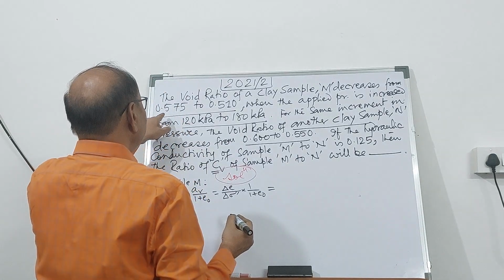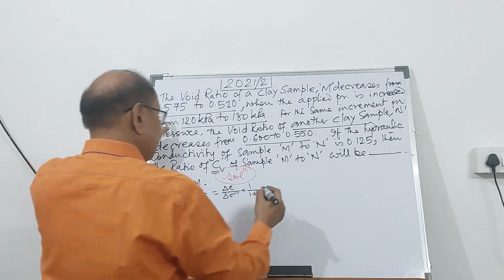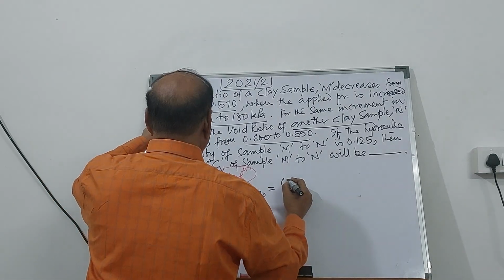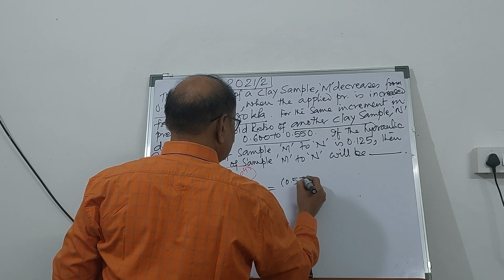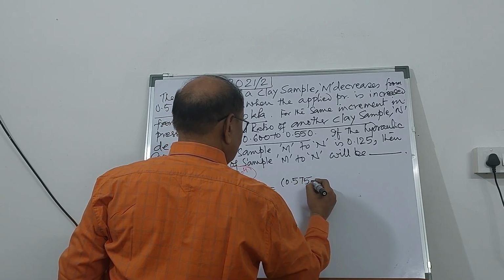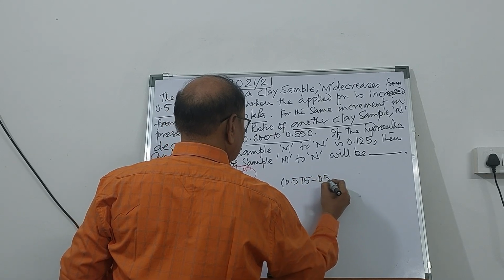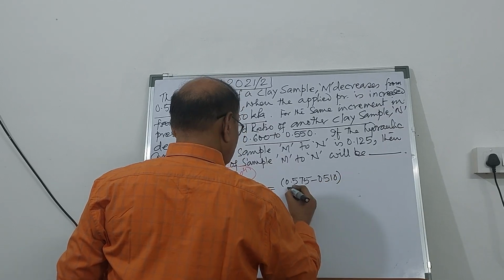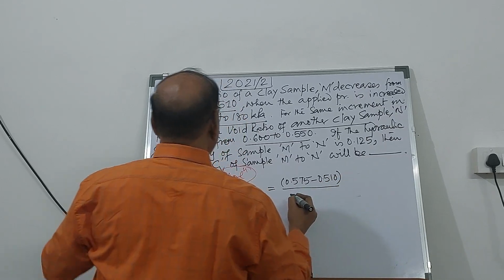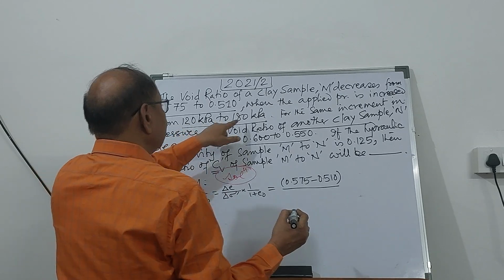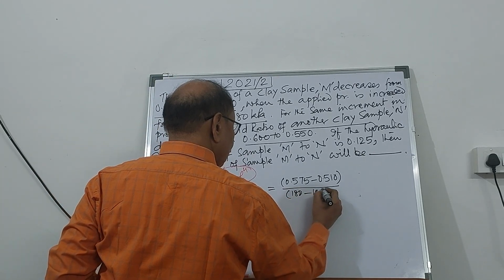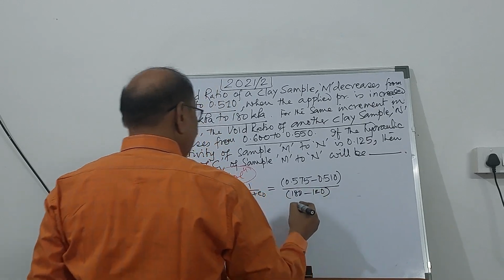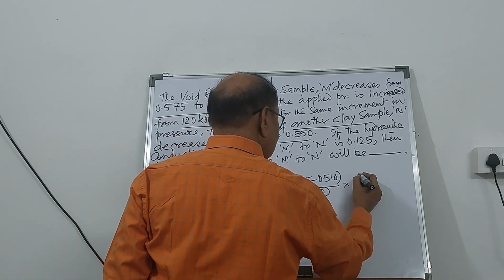For sample M, the value of delta E you can calculate as 0.575 minus 0.510. What is delta sigma prime? It is 120 to 180, so 180 minus 120.